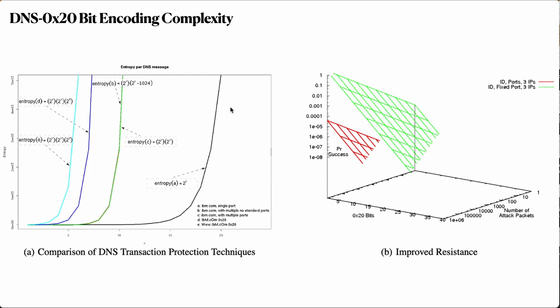Line A represents when the DNS initiator merely uses the ID field and a single source port. B and C lines are when using port randomization. And E and D are using the encoding mechanism. The red plot shows the probability improvement for the DNS server using only the randomized ID field and the single port. The y-axis represents the average number of 0x20 characters handled by the server.